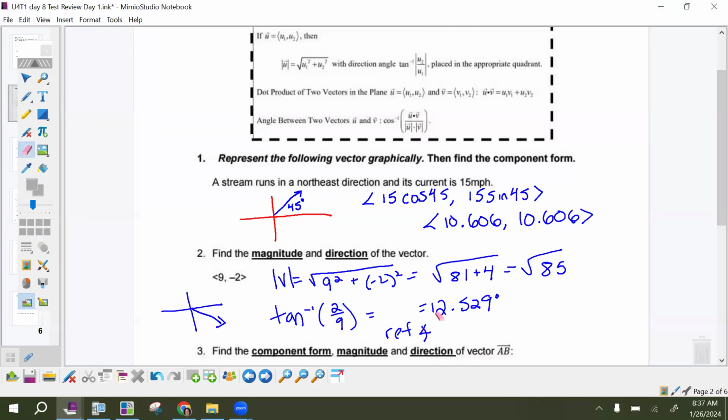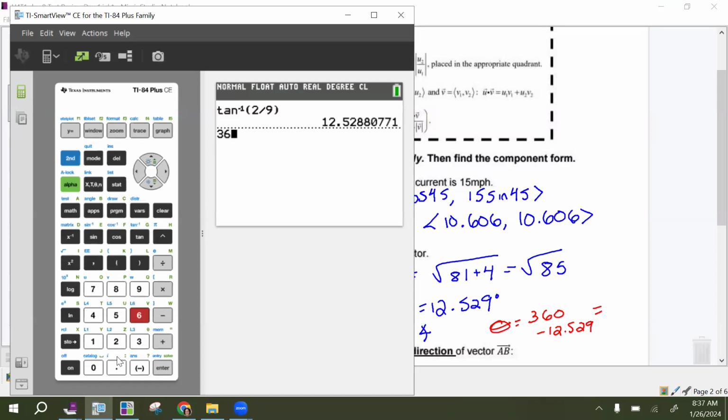So that means the actual angle of direction is, initial ray going this way, the angle is 360 minus 12.529, for 347.471 degrees.